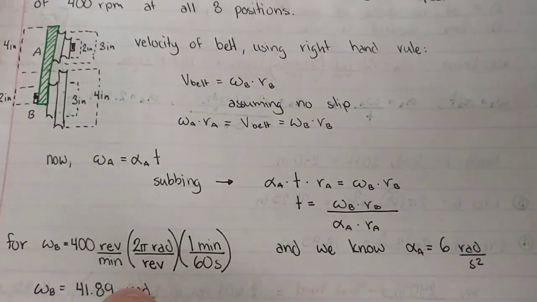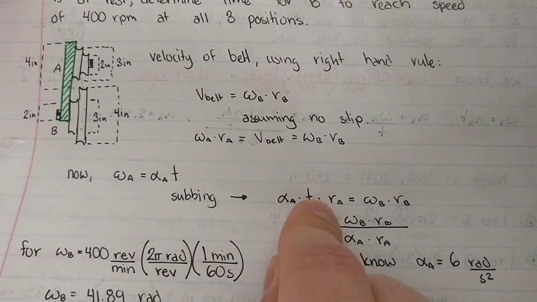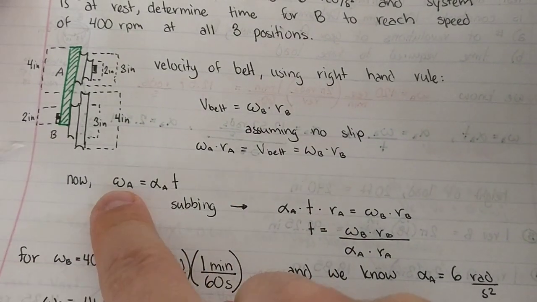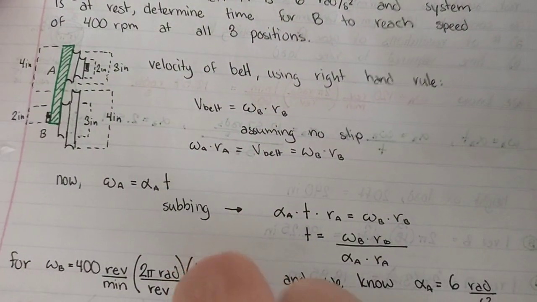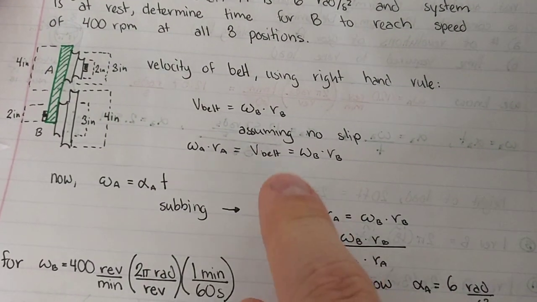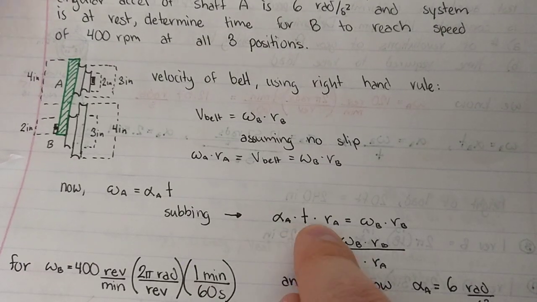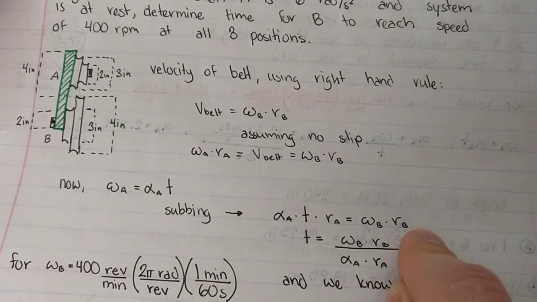Subbing that into our equation, we have the angular acceleration of A times time times the radius of A equals the angular velocity of B times the radius of B.